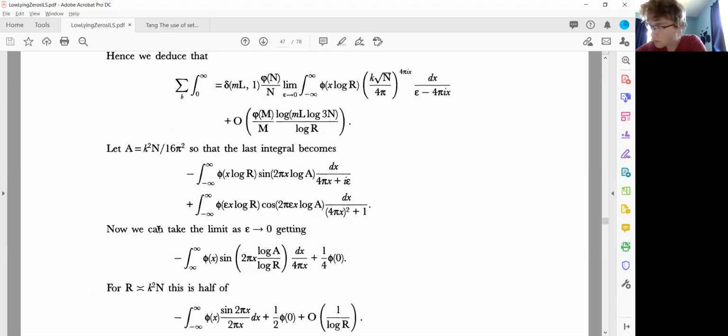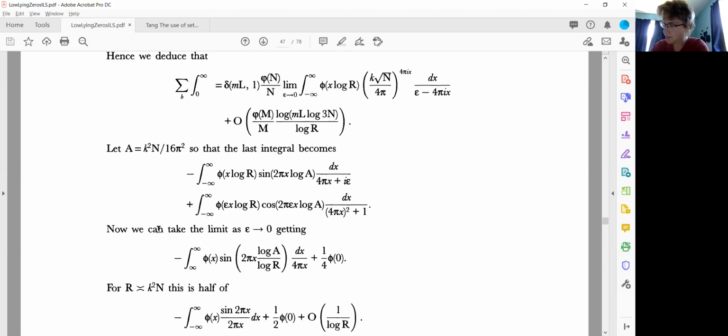It doesn't vanish. As epsilon goes to 0, what does the argument of cosine go to? Yeah, the argument goes to 0, so the cosine goes to 1. And what does the phi term go to as epsilon goes to 0? It just goes to 0.